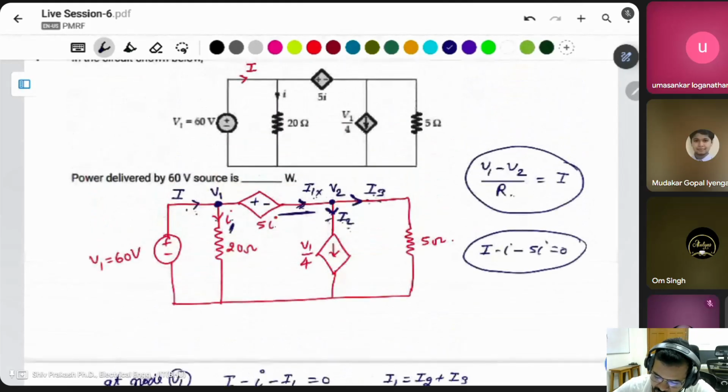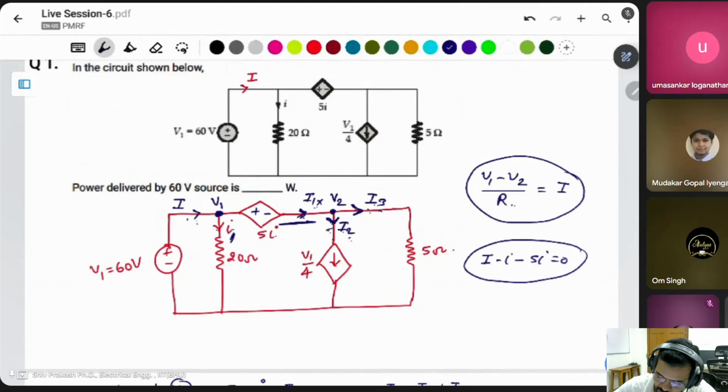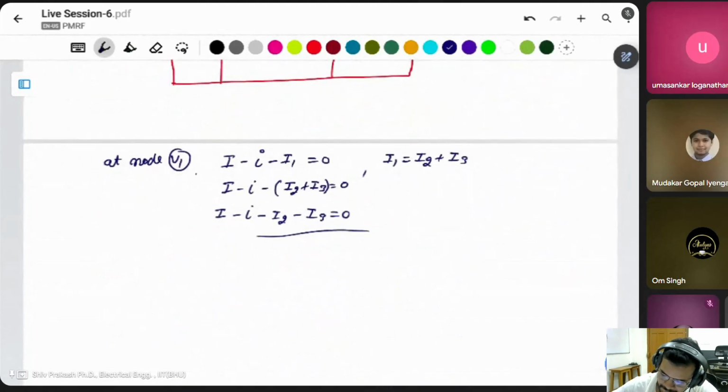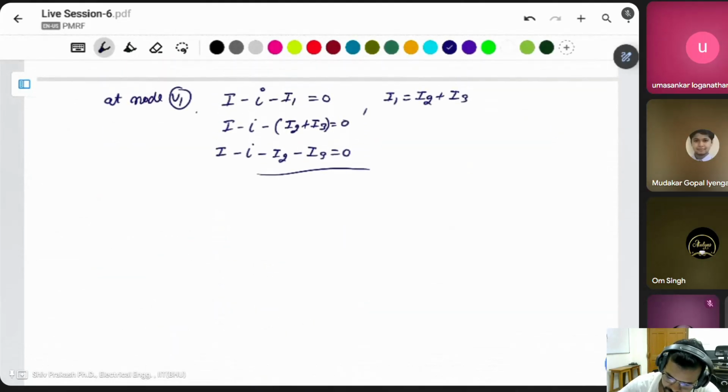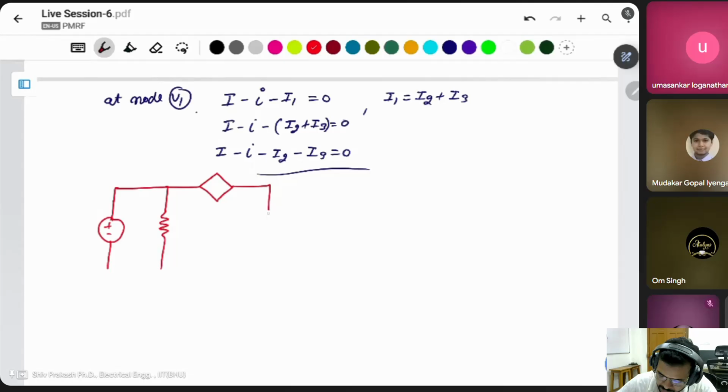Let's try to solve this question by using super node. The same circuit I want to draw again to simplify this one.